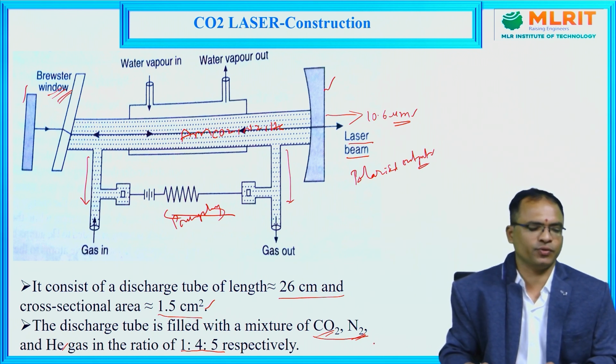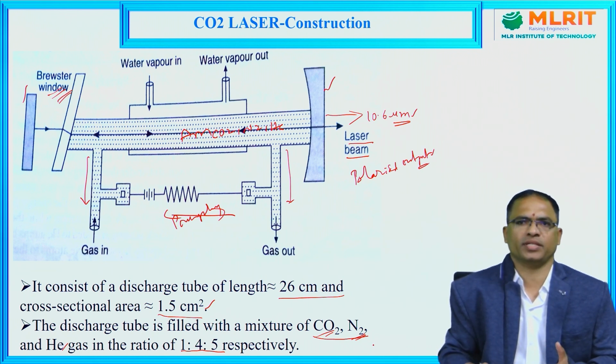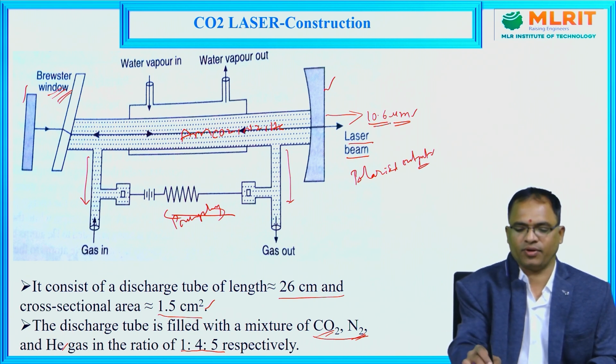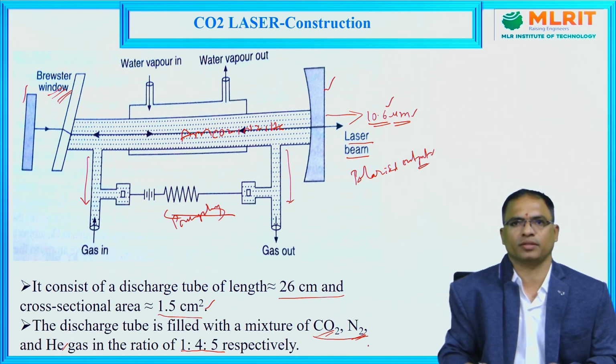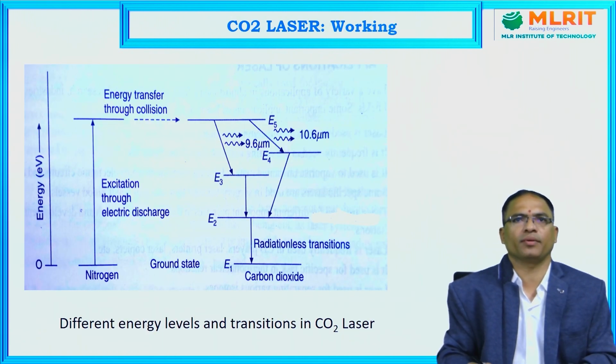Sometimes these Brewster's windows are also used to suppress unrequired output radiations and to get particularly the required output, like 10.6 micrometers. Now coming to the energy level diagram.